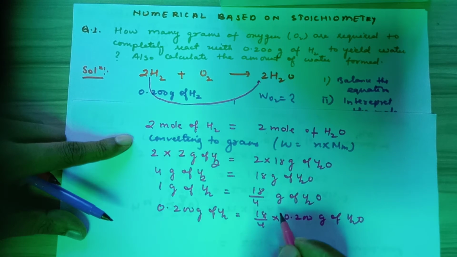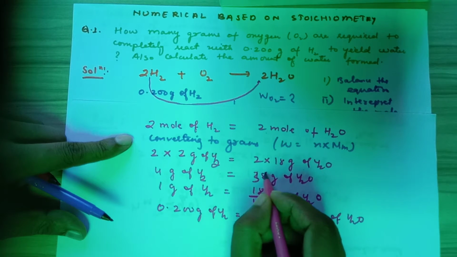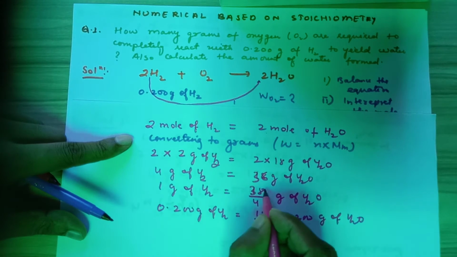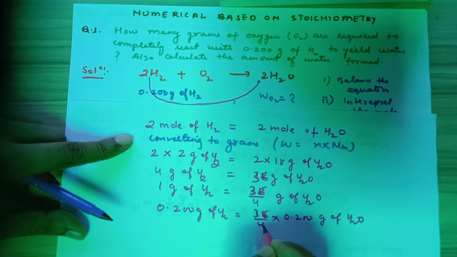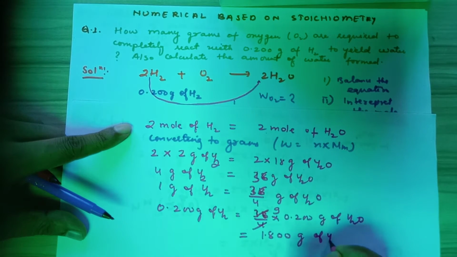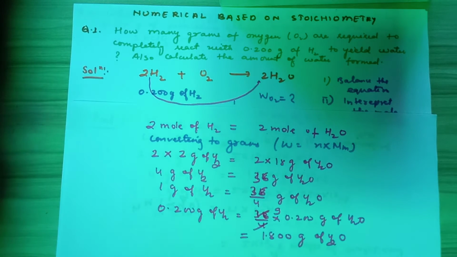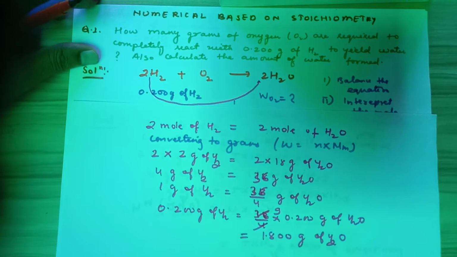On solving, 4 9s are 36 and 9 2s are 18, so it will be 1800. It will be 1.8 gram of H2O. So in this way we can calculate the given amount. Now let's move to the next question.